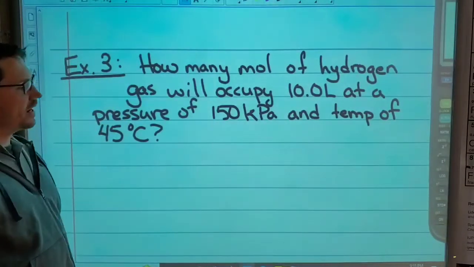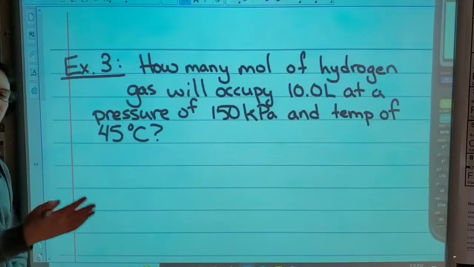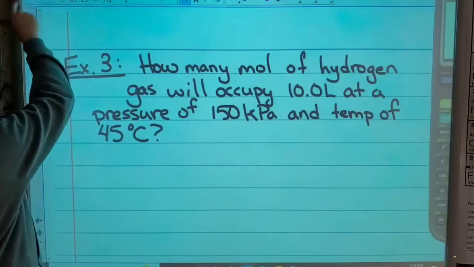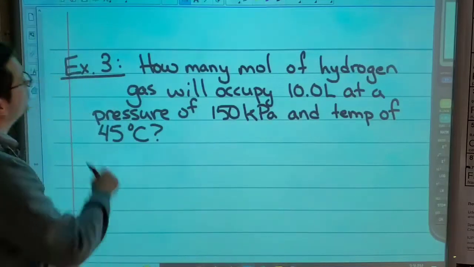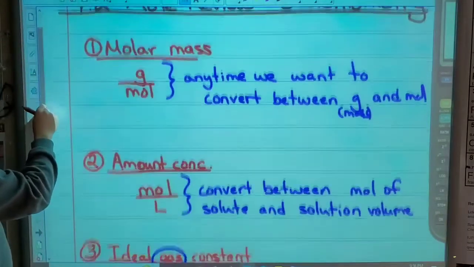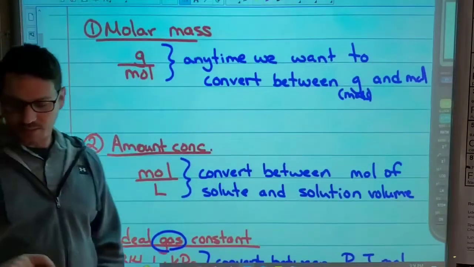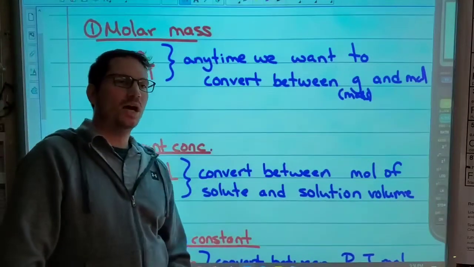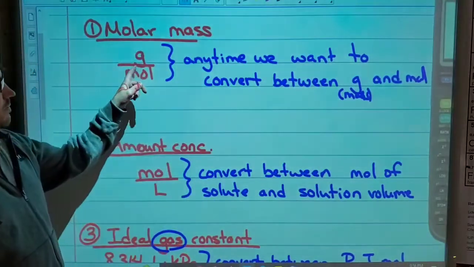Well, what we got to ask ourselves is which unit conversion tool do we need? There is only so many unit conversion tools, so hopefully you've had a chance to write this down. I'm going to go back here for a second. We ask ourselves, okay, do we need the molar mass of this thing? Well, molar mass converts between moles and grams.